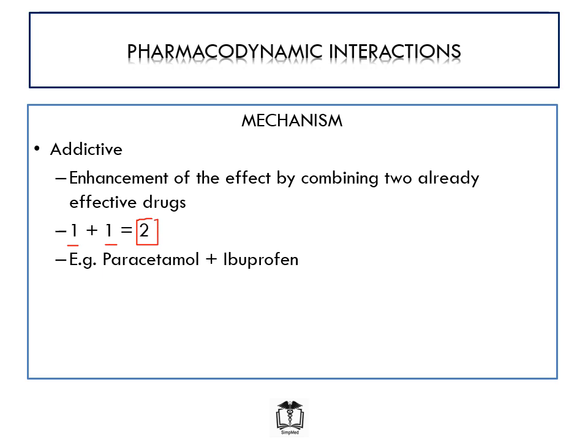A typical example is when we combine two drugs like paracetamol and ibuprofen. These two drugs are used as painkillers, and when we combine these two drugs, they are very, very effective, and they have additive effect in treating conditions that have to do with pain. They tend to relieve pain to a higher degree than when we use them individually.